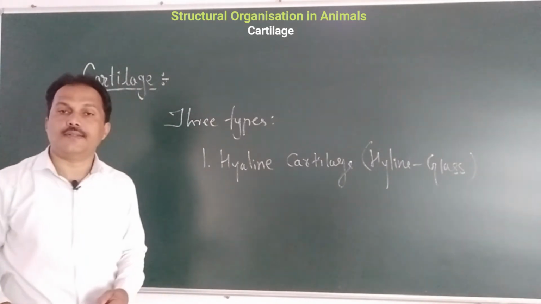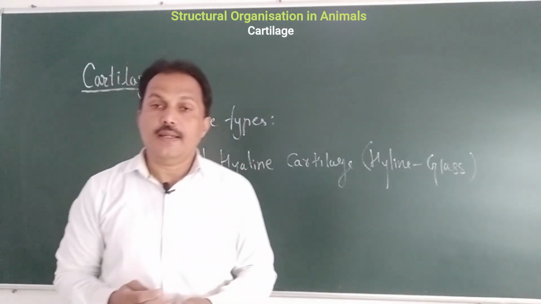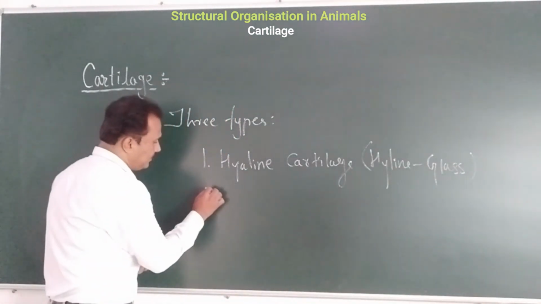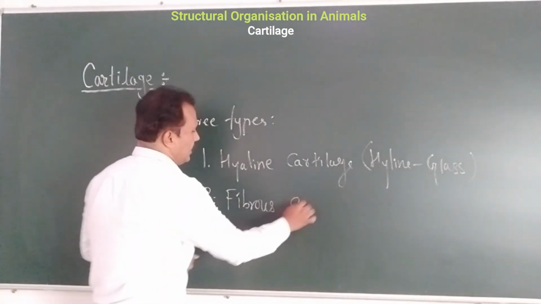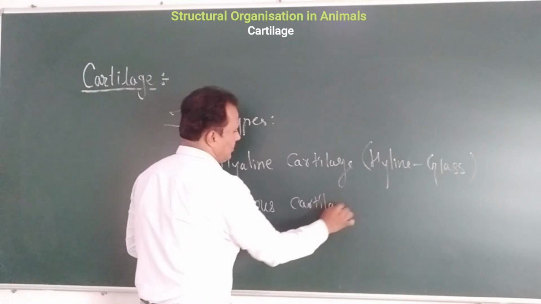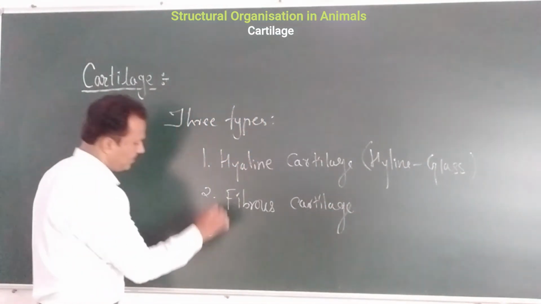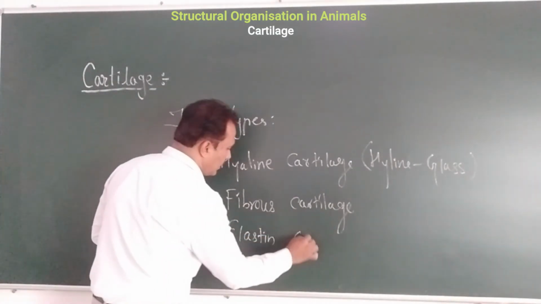It is the first type, because this cartilage appears similar to glass, translucent. Second type is fibrous cartilage. Third type is elastin cartilage.